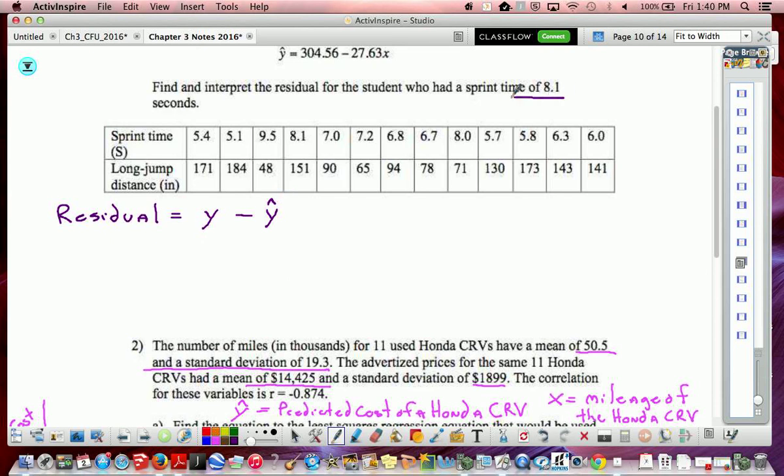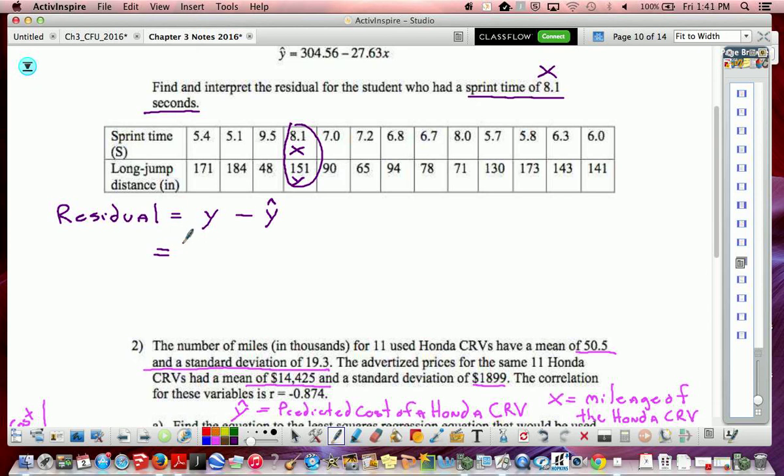We know the sprint time that we're looking for is 8.1 seconds. So that's my x value. So what is my y value? Not y hat, but what's my y value? Do we know it? Can we find it somewhere? Where is it? Yeah, on the table. So this is x. Here's my observed y.